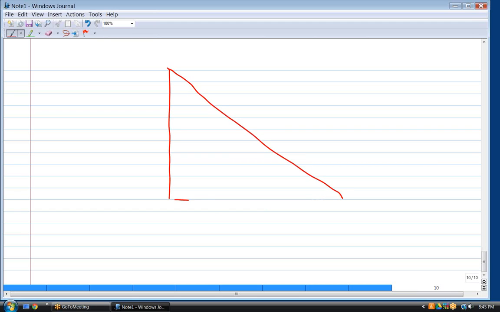Yep. So for the left side, the height is p plus 1. And then on the bottom side, it is 2p minus 6. They just want the area of the triangle? Mm-hmm. Okay. What's the area?